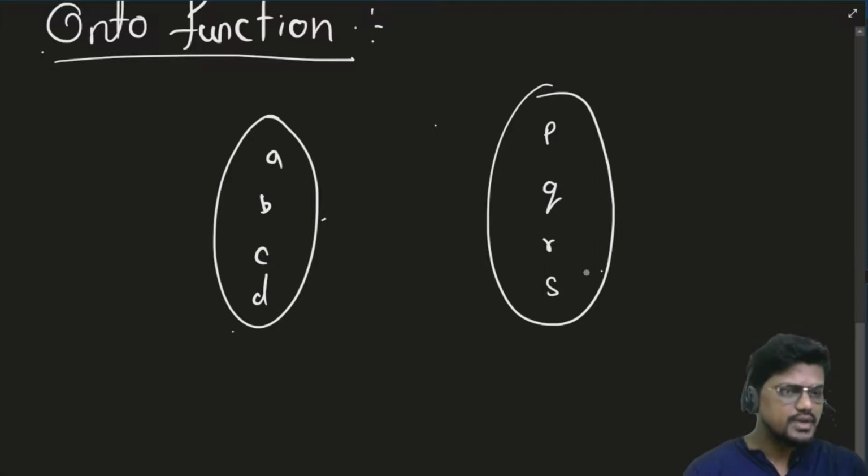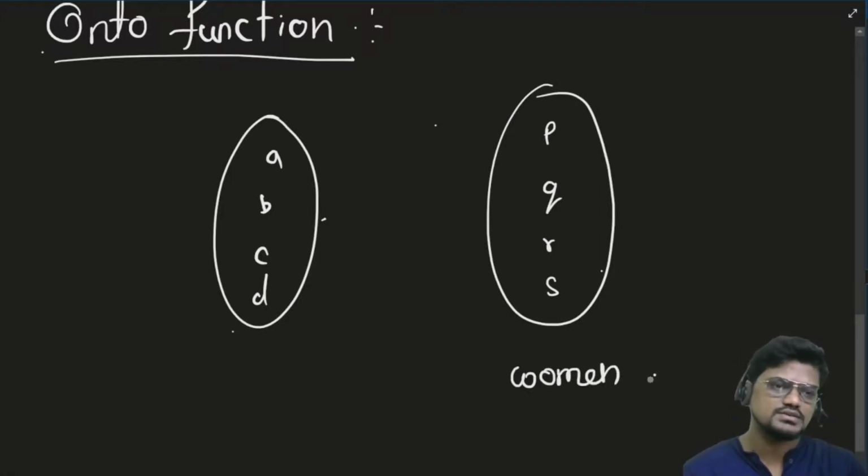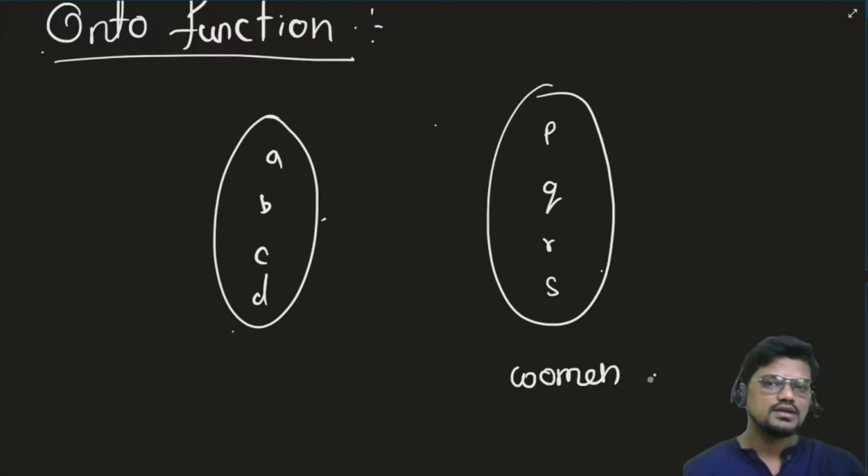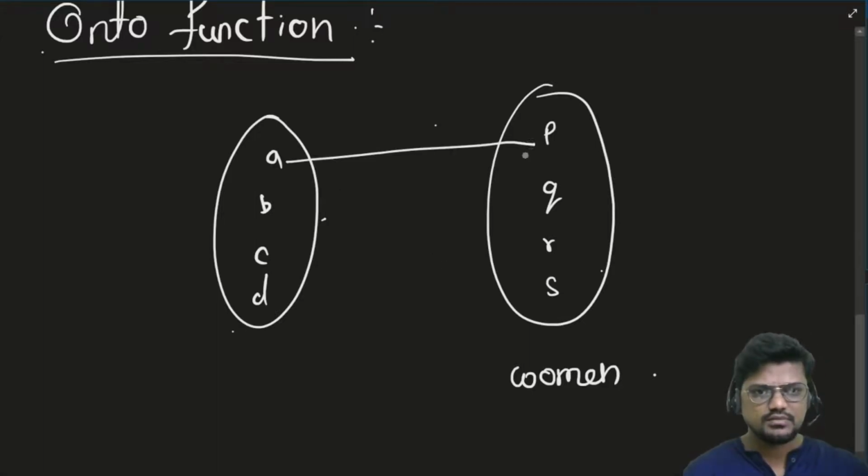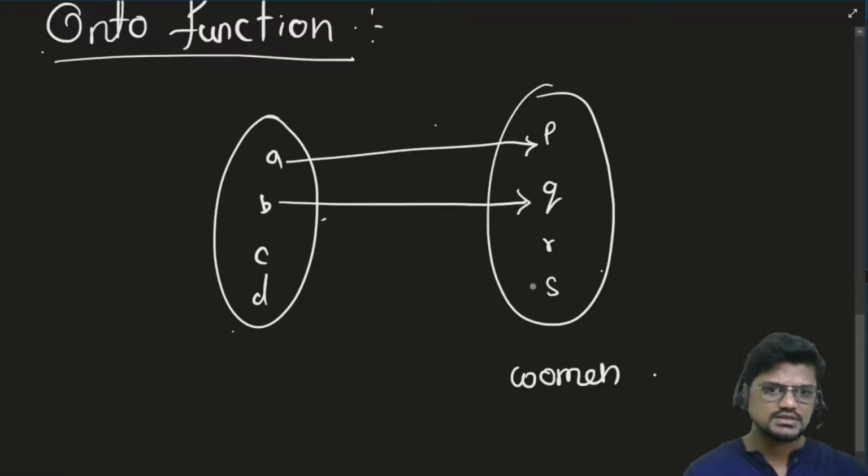It should be a function, and when you can say it is an onto function, then there should be no woman who does not have any child. Means if in the set B all the women have one or the other child, then we can say that the function is onto. Suppose A is associated with P, means A is a child of P, B is a child of Q, C is a child of S, and D is a child of R.